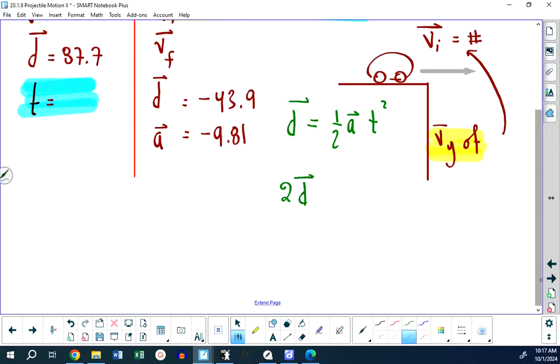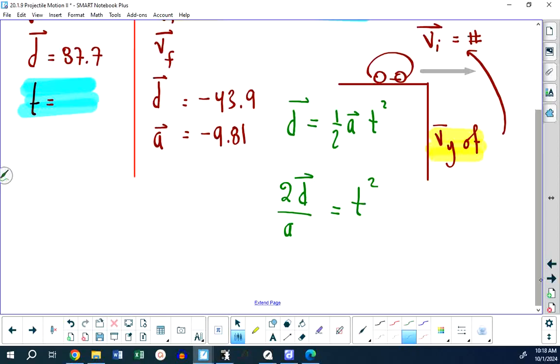Two times the displacement over the acceleration will be t squared. So we take 2 times the displacement divided by the acceleration and then take the square root. That will give us the time. Then we will know the time here as well, so we can find the speed here.